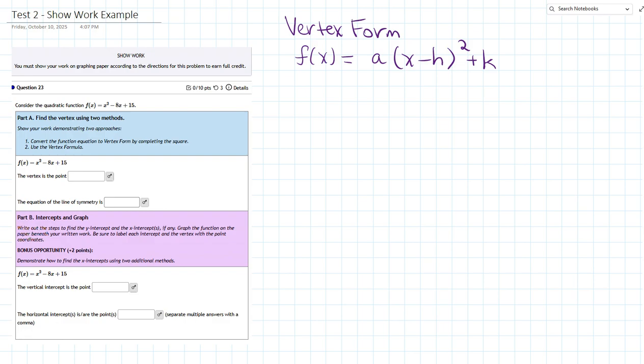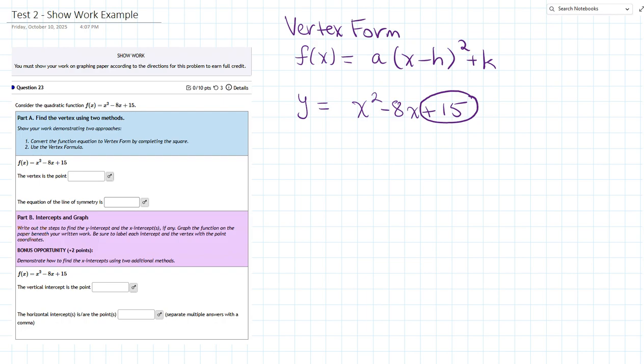Now the function has been given to us in standard form, and instead of writing f of x, I'm just going to write y for now because it's a little cleaner and easier to understand as you're watching this, because we're going to complete the square. The first thing we do is remove the constant term at the end of this trinomial, because right now it is not a perfect square.